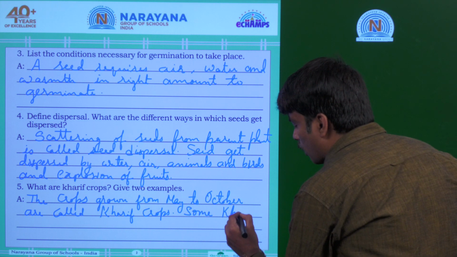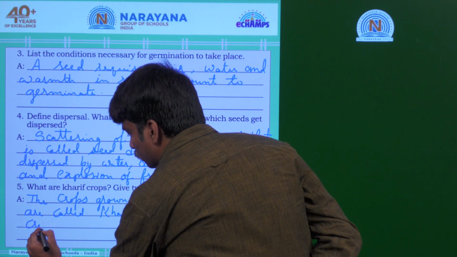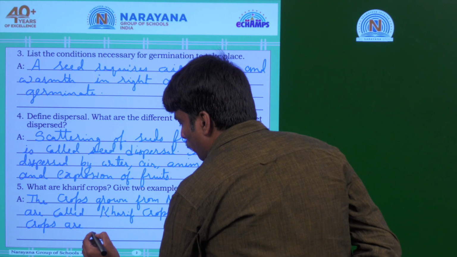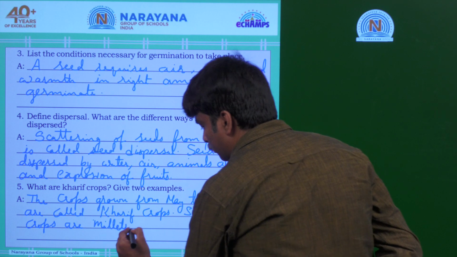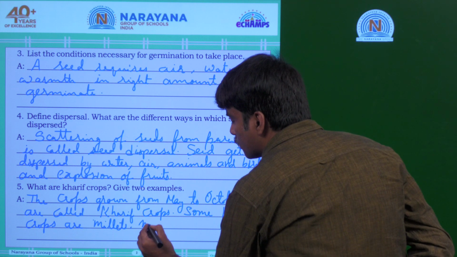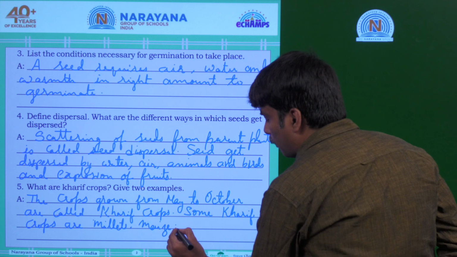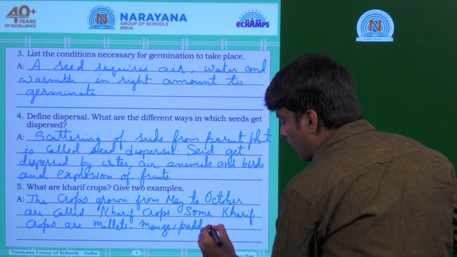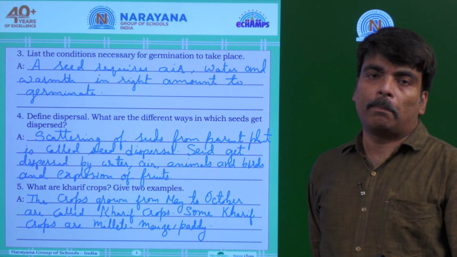Some Kharif crops are millets, maize and paddy, which are grown during this period.